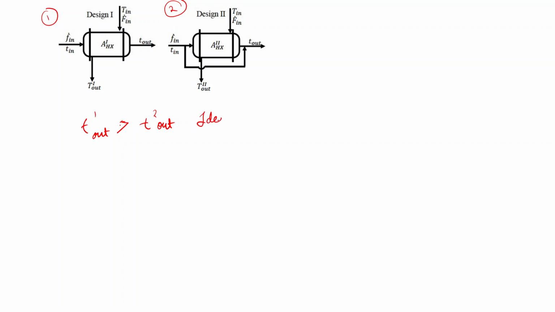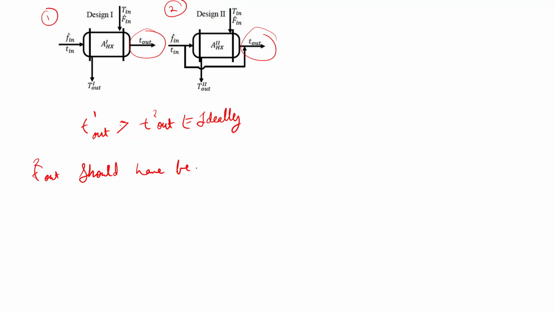Ideally this should have been the case, that is T1 out should have been greater than T2 out, but from the diagram we can see that both the temperatures are the same. So ideally this T2 out should have been greater, but since we are mixing this cold fluid, the temperature is less.